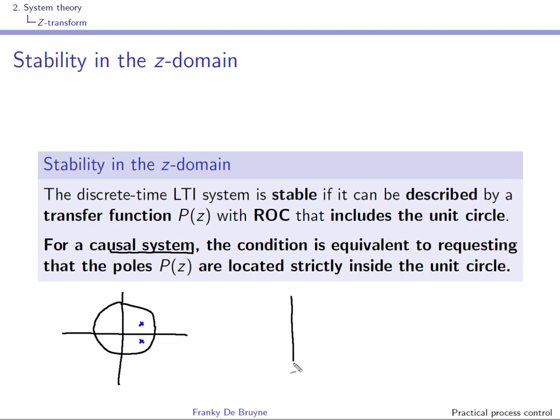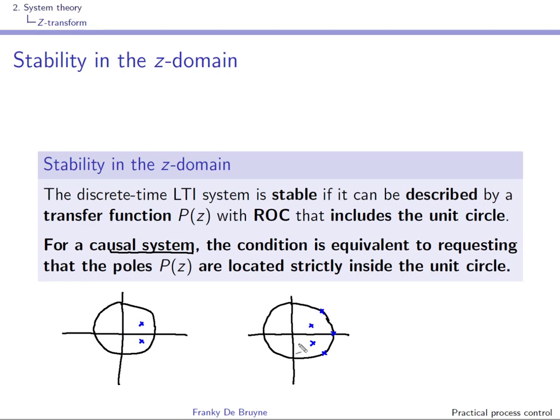If you have poles inside the unit circle, for instance like here, and you have one pole on the unit circle or a pair of complex conjugate poles on the unit circle, then the system is said to be marginally stable, in the sense that the associated impulse response will not converge to 0, and it will not diverge.